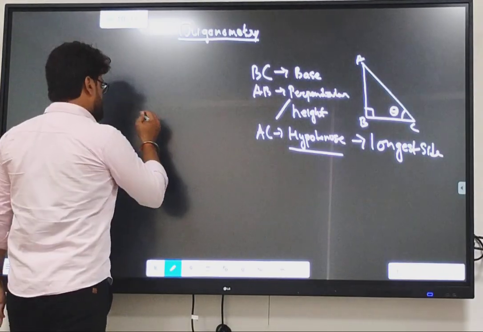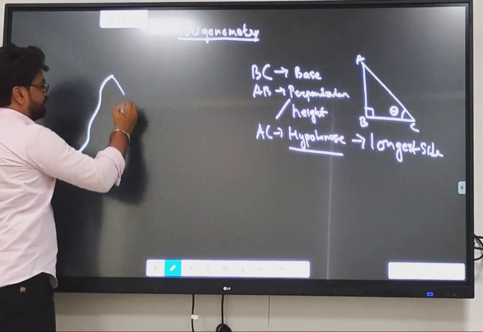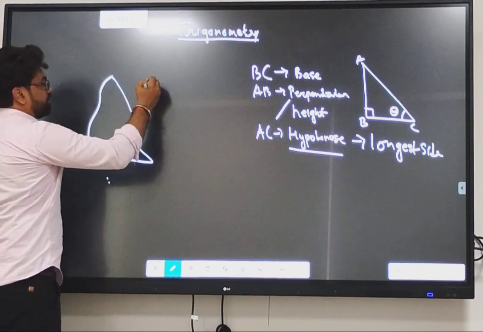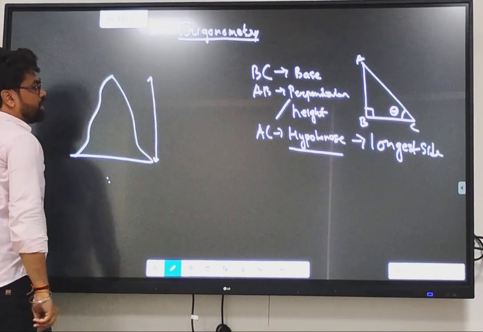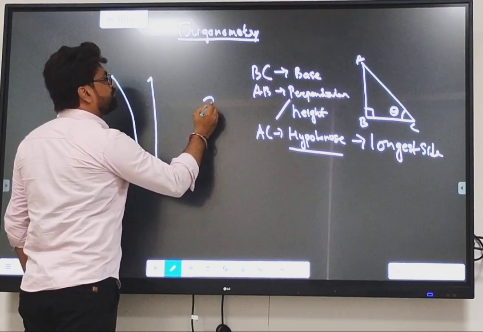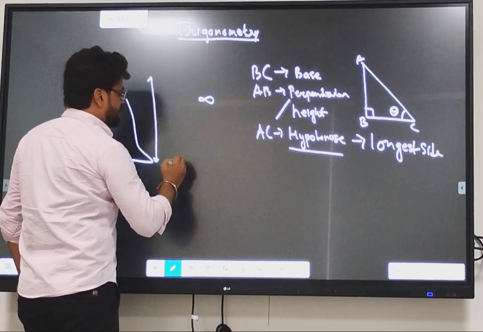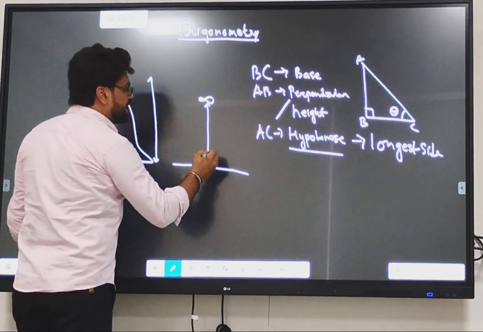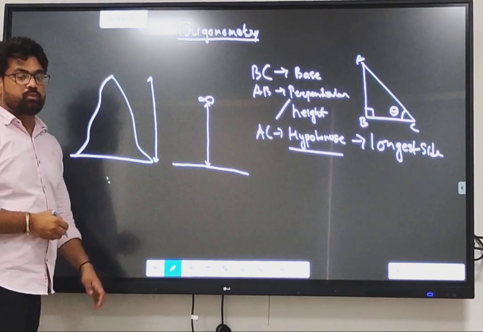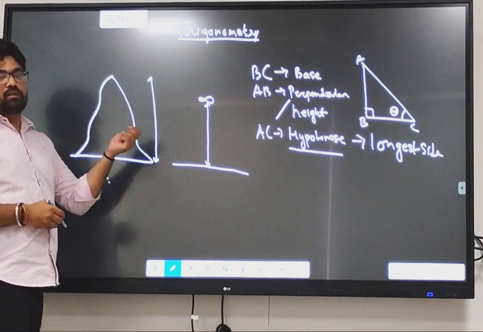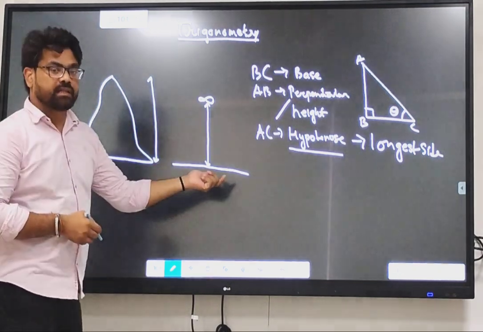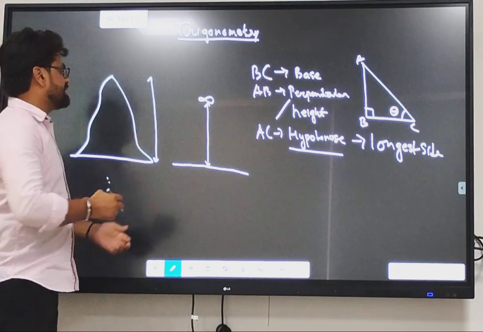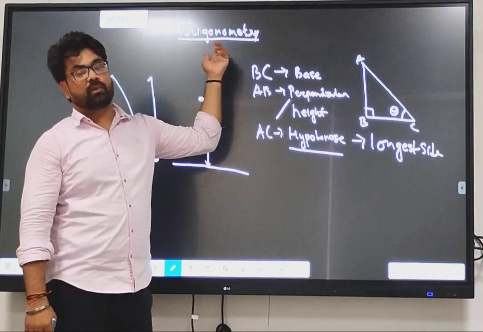No. If I ask you that this is a mountain and we have to find its height, or this is a bird, and I have to find at which height it is flying from the ground, practically this is not measurable physically, okay, but we can find this height using trigonometry.